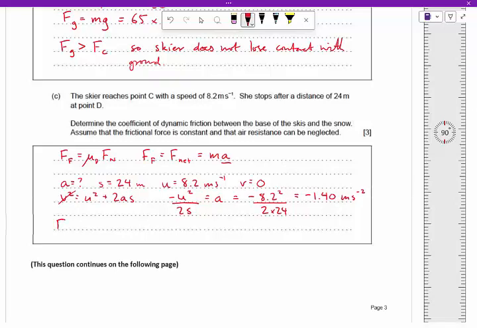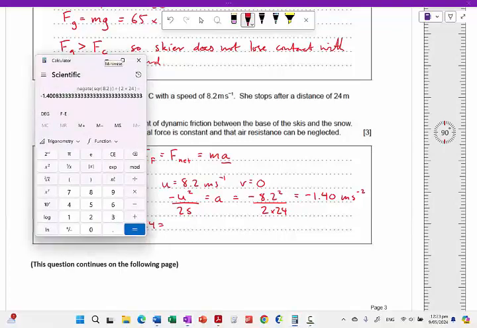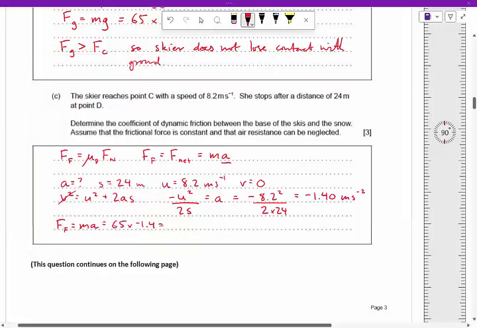So F friction is equal to MA, which is, and her mass was 65, 65 times negative 1.4, which is negative 91 newtons.